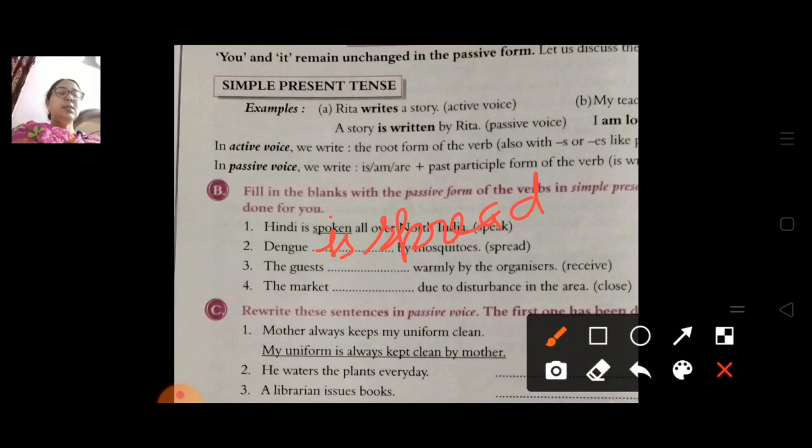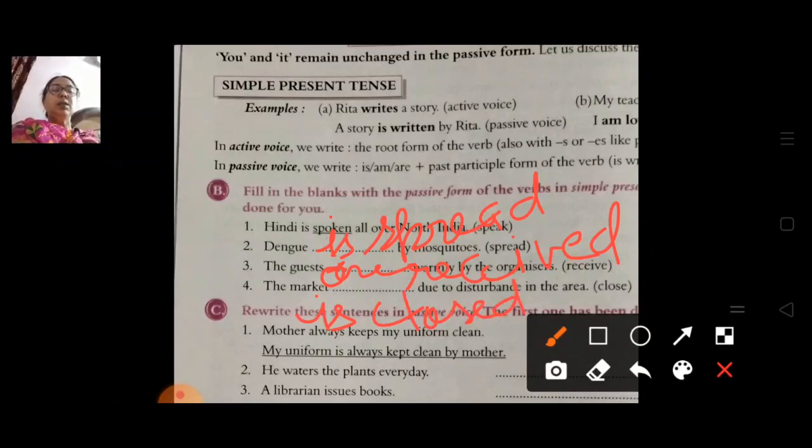So the guest, is or are, received warmly by the organizers. Now next is fourth number, the market dash due to the disturbance in the area. The market is closed. Is closed due to disturbance in the area.